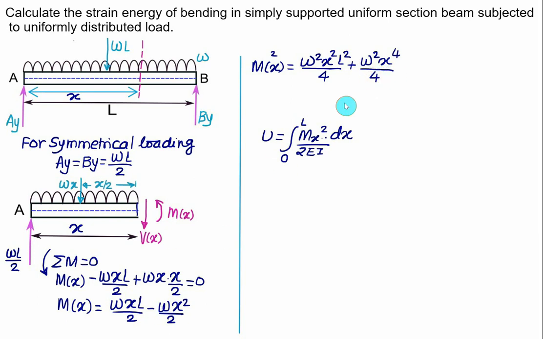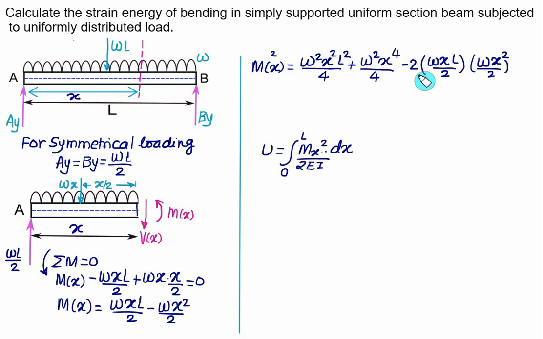And then we have minus 2 times A times B. So 2 times A is W into x into L divided by 2, multiplied by B, W into x square divided by 2. So these two and these two will cancel out.